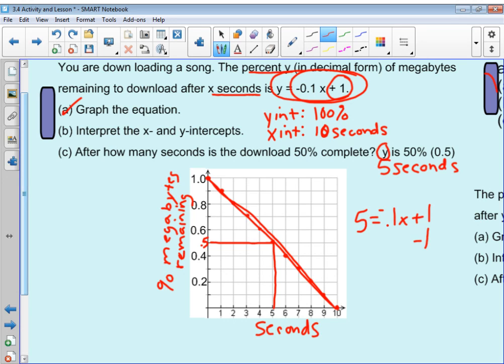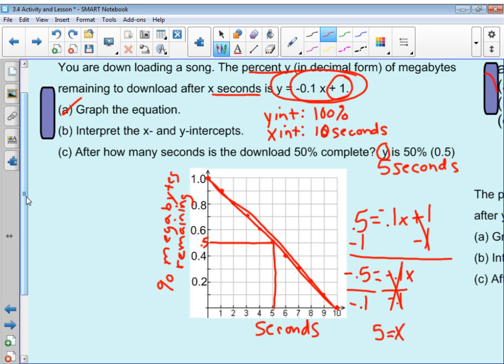So then we would say minus 1, minus 1. And that's 0.5. So then I would get 0.5 equals negative 0.1x, divided by negative 0.1. It would give us x equals 0.5 divided by 0.1, which is 5.